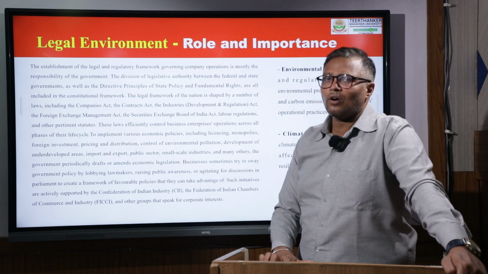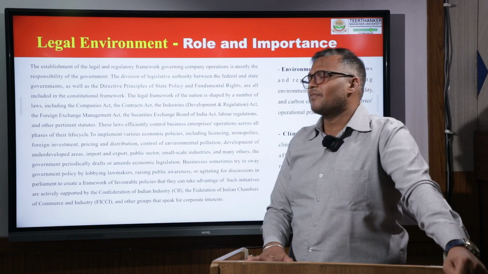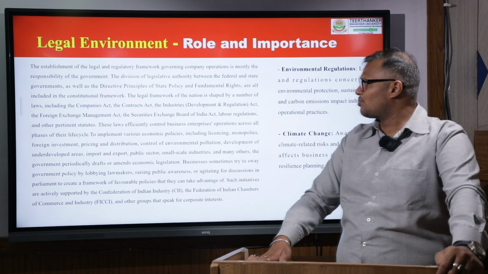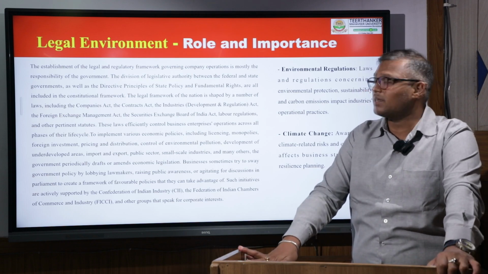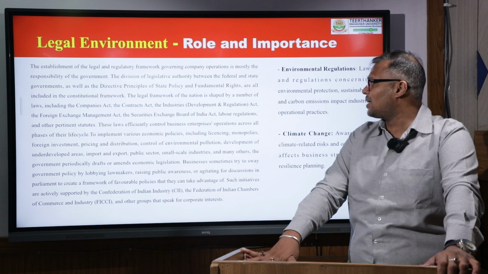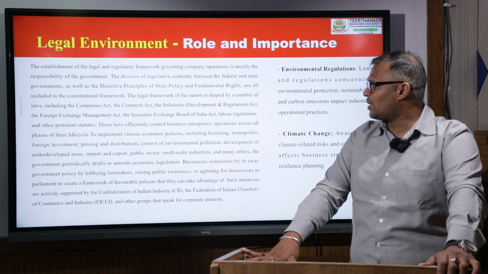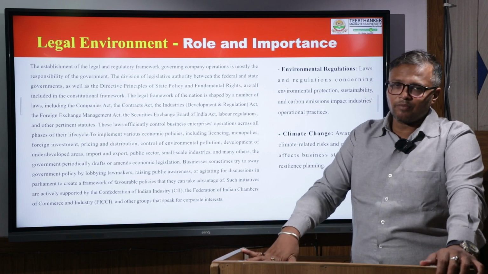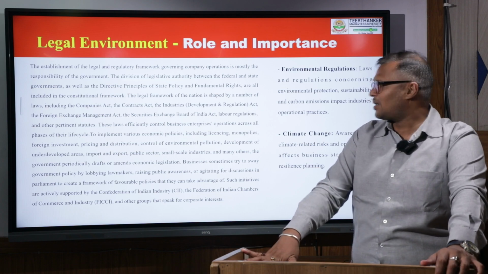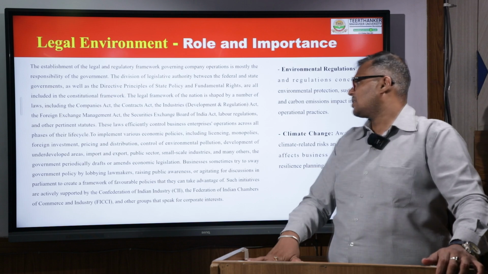In a nutshell, these legal frameworks control pollution policies, licensing, foreign investment, import, export, public sector units, and even development in various areas, either developed or underdeveloped.